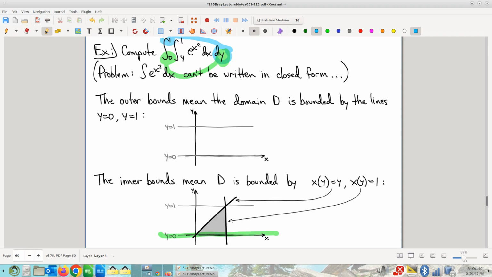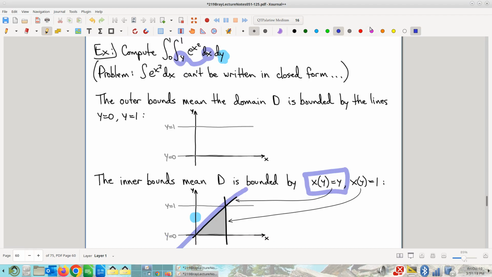Y equals 1. Cool. It says right here that y goes from 0 to 1. That means my domain is between y equals 0 and y equals 1. For any given value of y, whatever value of y you might be looking at, it says right here that x starts where x equals y, which is that curve.